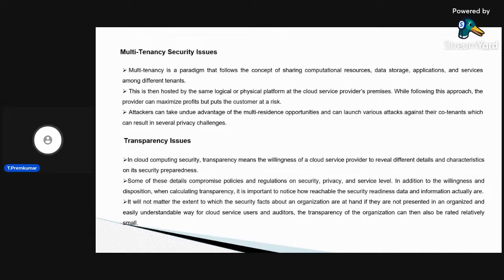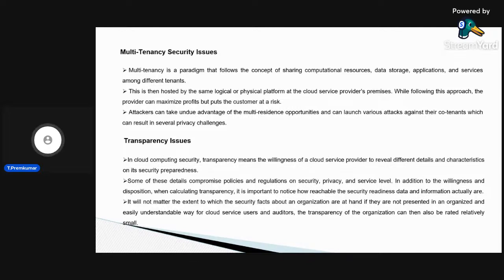Multi-tenancy security issues. This follows the concept of sharing computational resources, data storage, applications, and services among different tenants. This is then hosted by the same logical or physical platforms at the cloud service provider's premises.